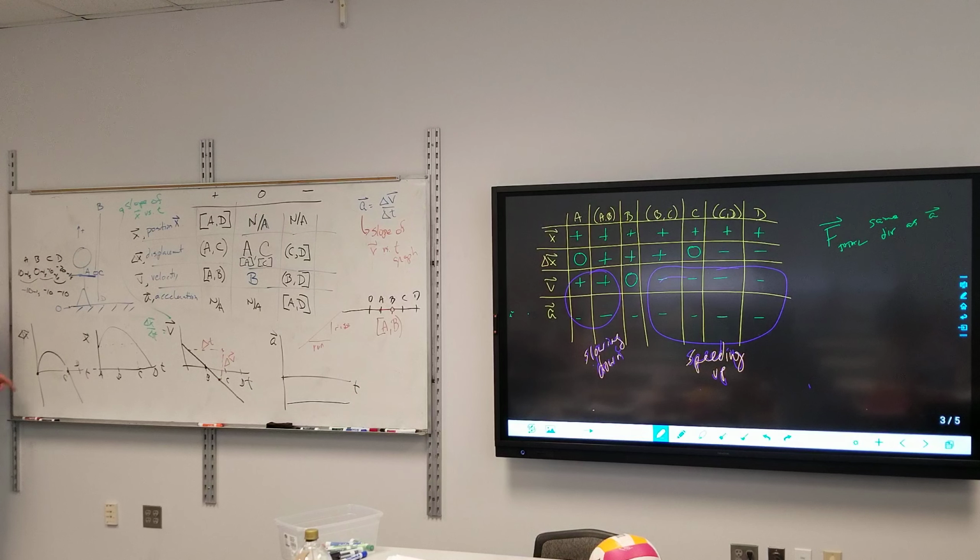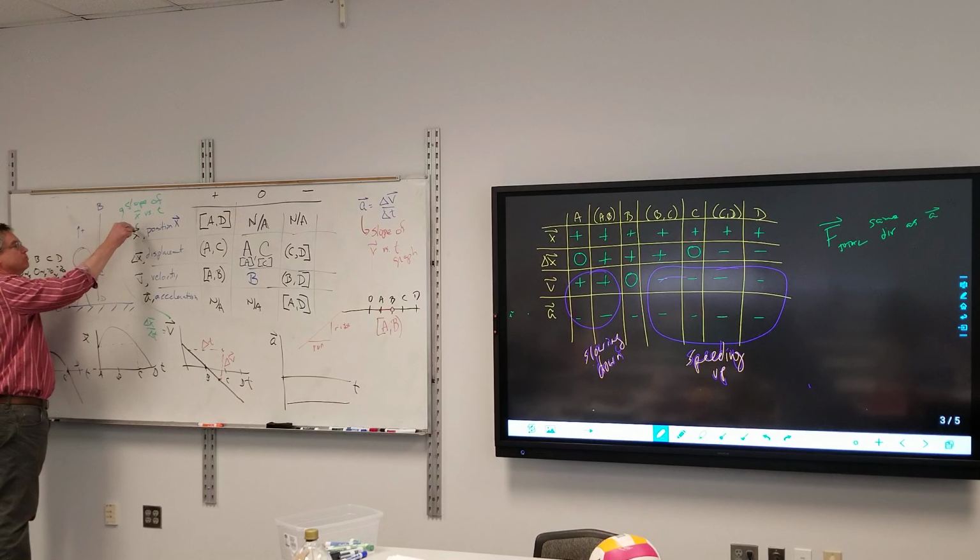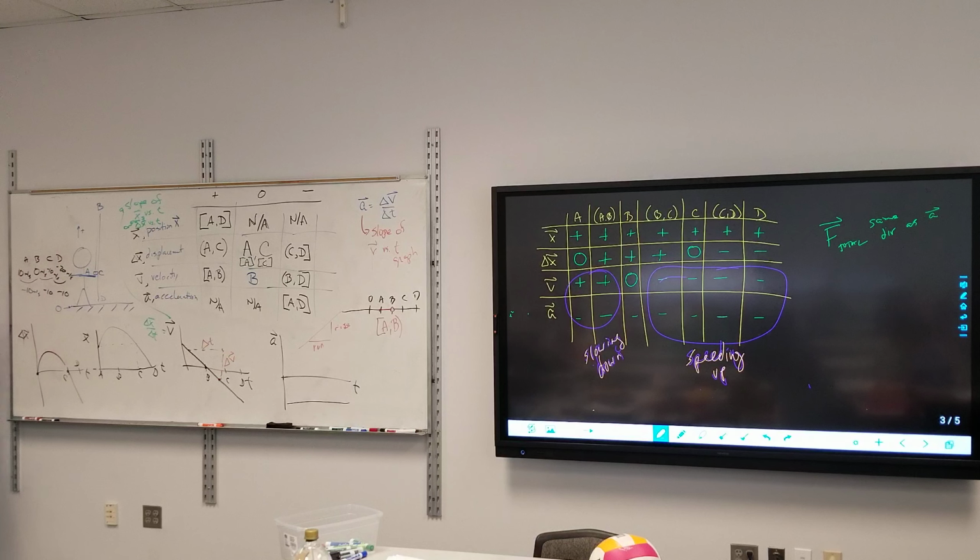And since the only difference between displacement and position is where you start, it's also the slope of this, or slope of position versus time.